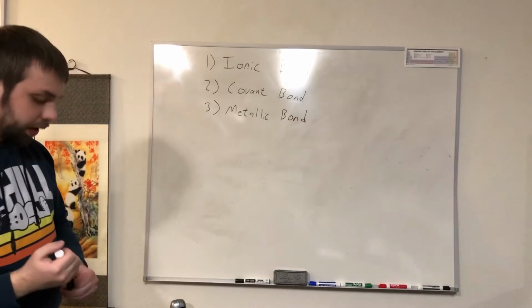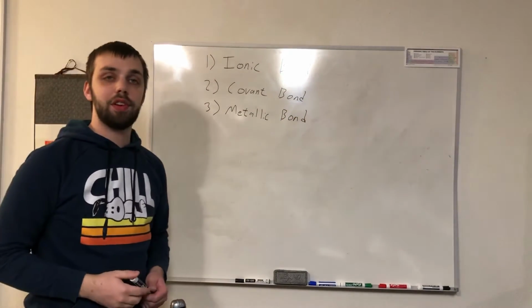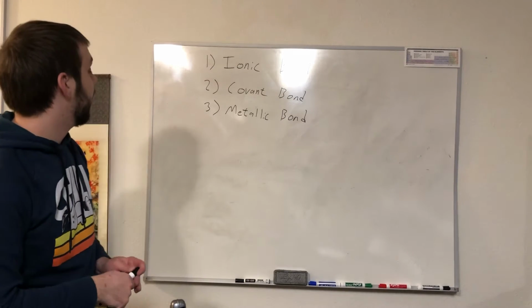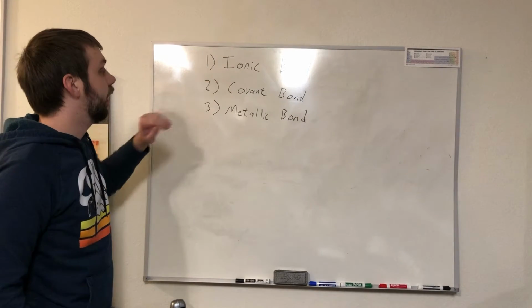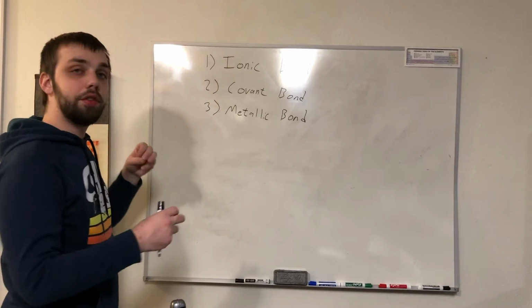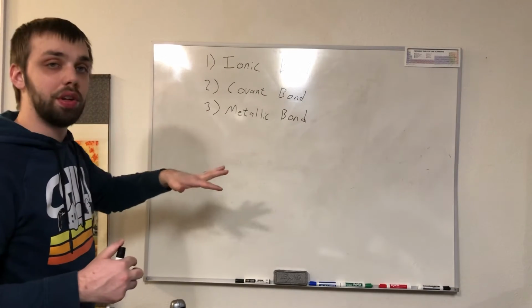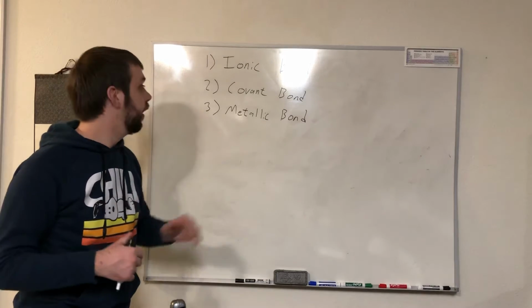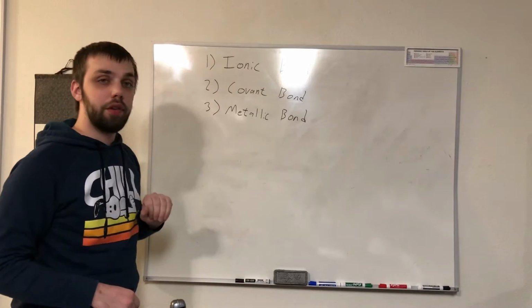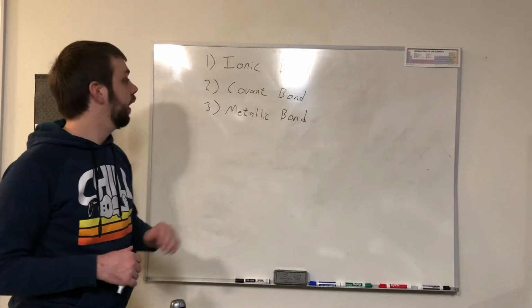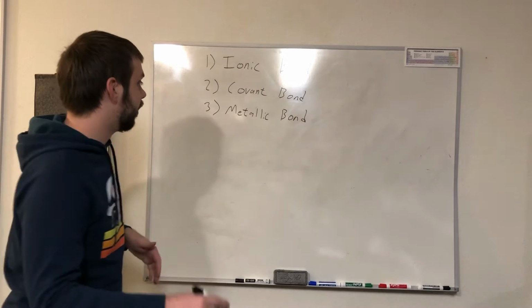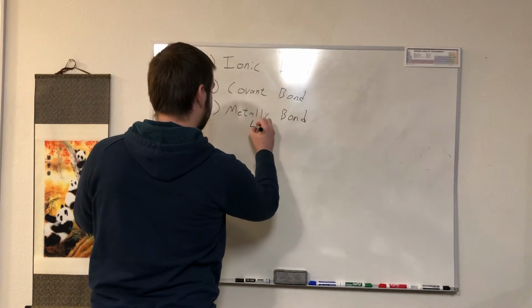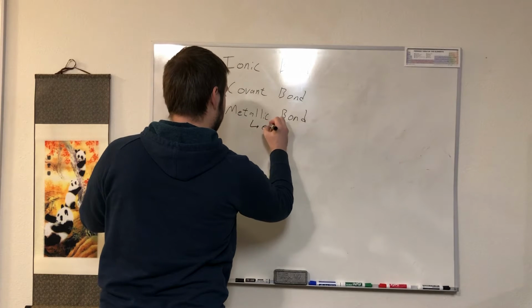Okay, so let's talk a little bit about these different types of bonds. An ionic bond involves the transfer of an electron, and I will go into more detail about these in a moment, I just want to briefly touch on them first. A covalent bond involves the sharing of an electron, and a metallic bond, you might have heard of this as the electron sea.